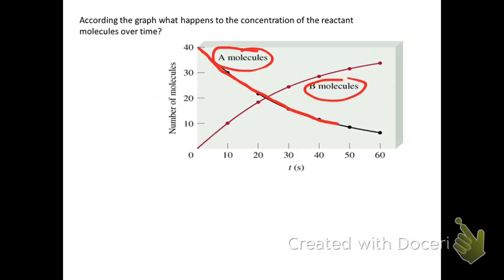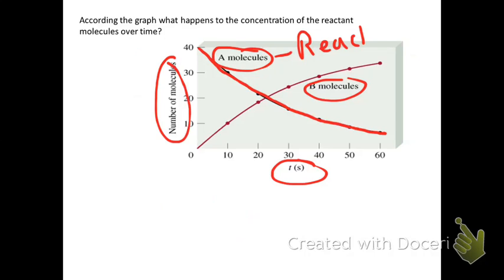So as you can see, the concentration is decreasing over time. Alright? So molecules A should be representative of our reactant. And what I would write down here is that we see a decrease in concentration of molecules over time. And so that would answer this question here.